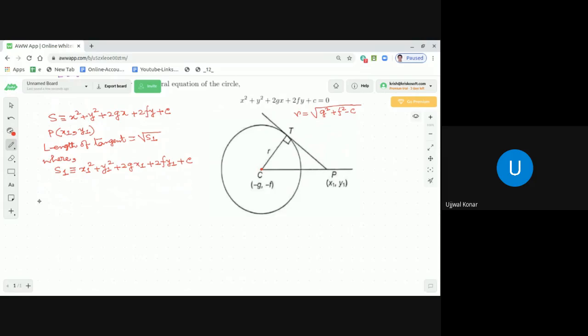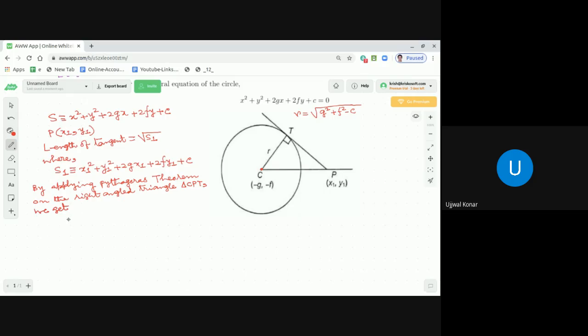So by applying Pythagoras theorem on the right angle triangle CPT, we get, what is the length of the tangent?